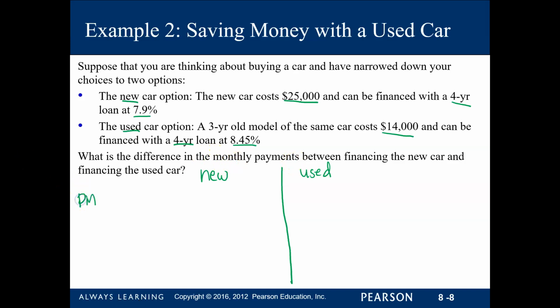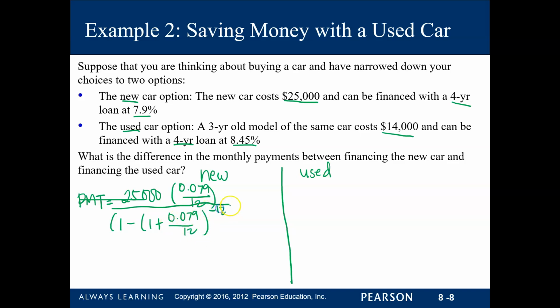For the monthly payment of the new car, remember, they have different loan amounts. So this is $25,000 multiplied by R, which is 0.079 over 12, the whole thing divided by 1 minus (1 plus 0.079 over 12) raised to the negative 12 times 4, since it is good for 4 years.